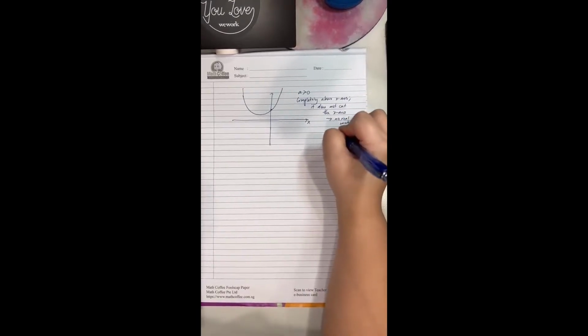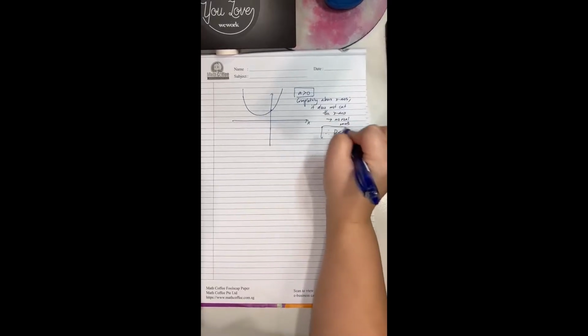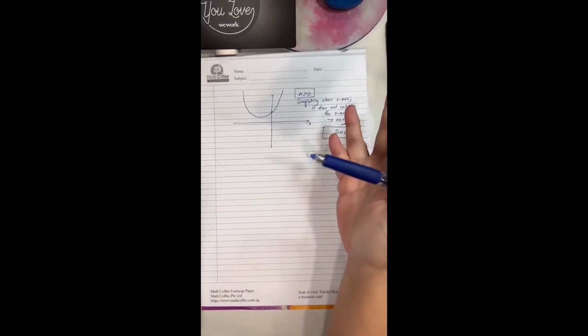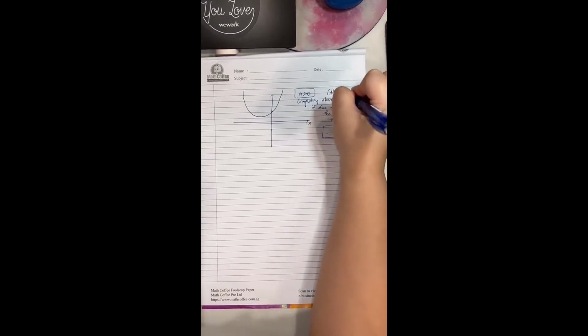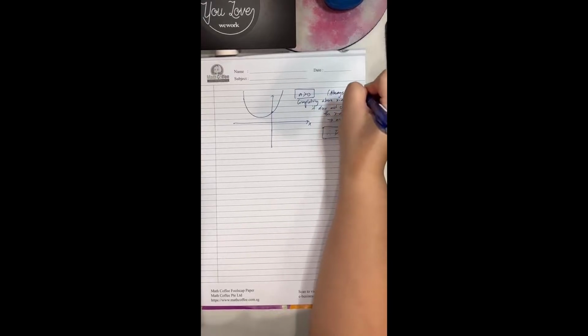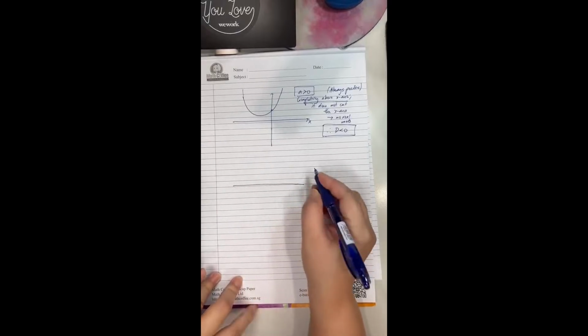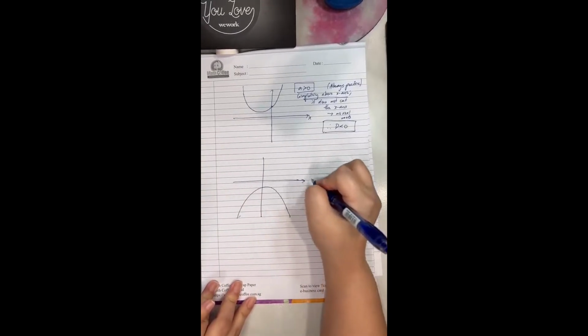That's why my discriminant is less than 0. So this situation is always positive. It's the same thing, always positive or completely above the x-axis is the same thing. Okay, then the other situation, which is the one that is, if my quadratic graph, let's say it's here, like that, okay?